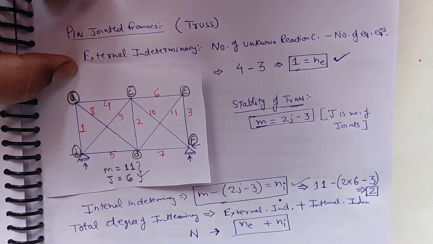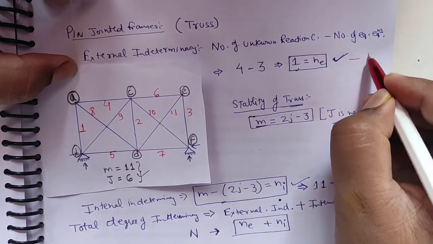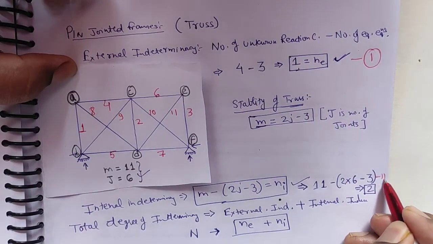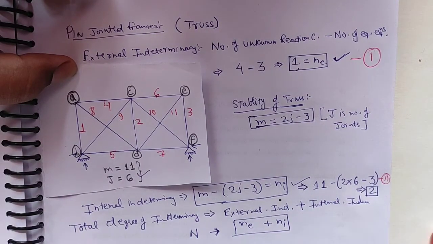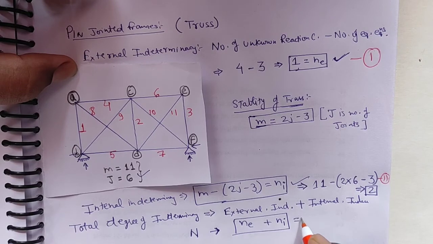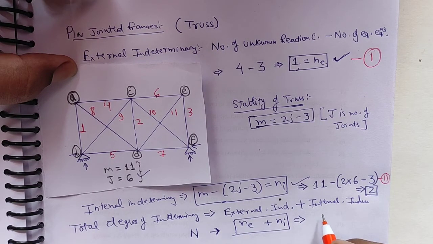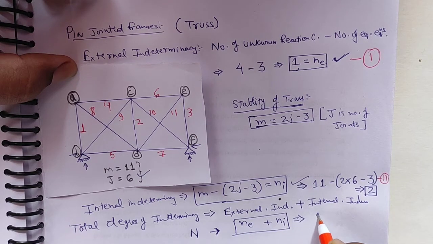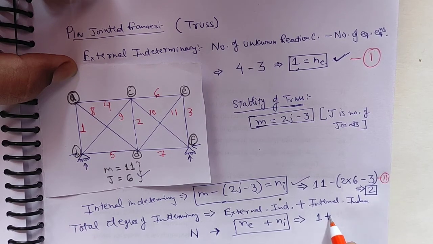Taking these as the first and second equations, I put both values into the equation of total degree of indeterminacy: external indeterminacy is 1 and internal indeterminacy is 2.